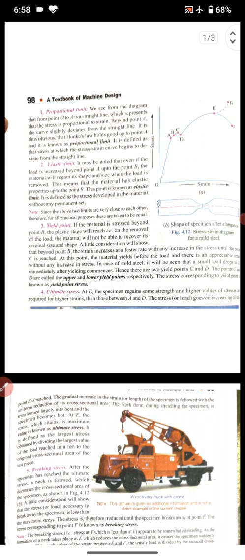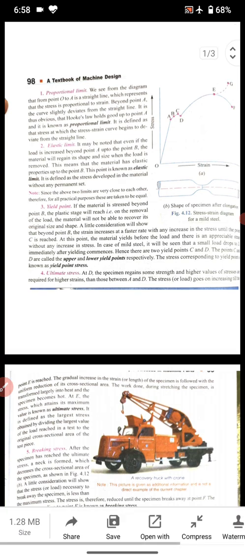Up to point B you may encounter elastic deformation, but from B to C and C to D the material will behave like a plastic. Means after applying a small stress, strain is going to increase.